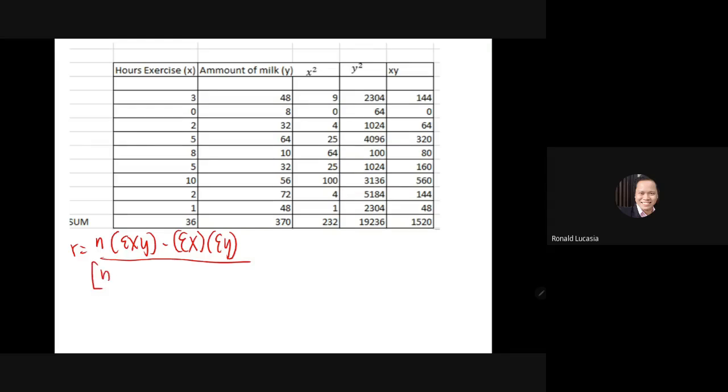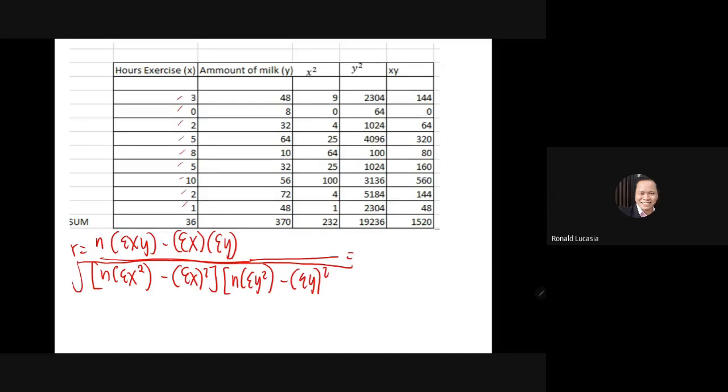So, sa r na lang tayo magsasagot. Summation of x squared minus x, and then the summation of y squared minus y squared. So this is equal to, what's our n? 1, 2, 3, 4, 5, 6, sir. 9. Summation of xy is 1,520 minus the summation of x, 36, y is 370.